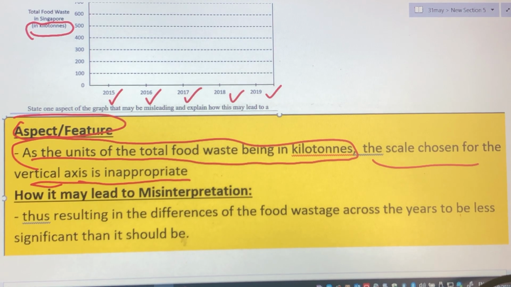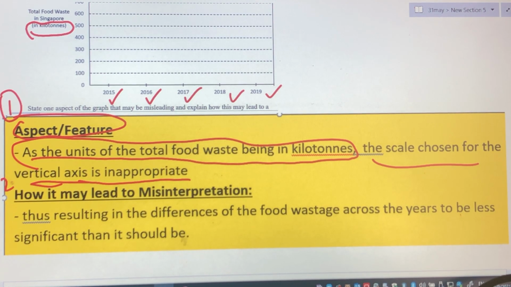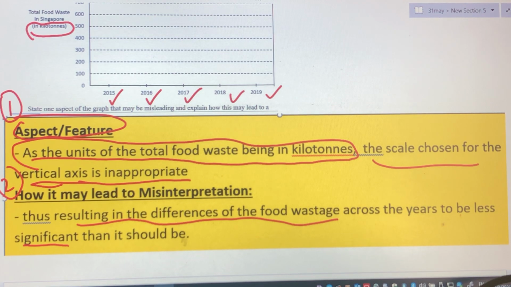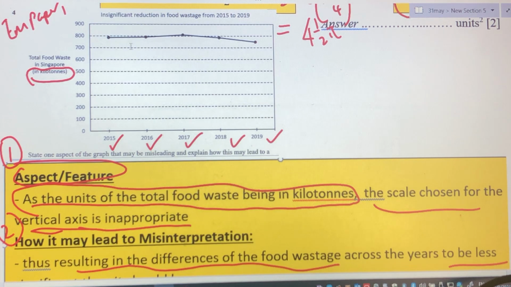That's number 1. The second thing, how it misleads or how it may mislead the reader. Okay, so the difference in the food wastage across the years seems less significant than it should be. Alright, you take a look at this, then you will know what I mean.